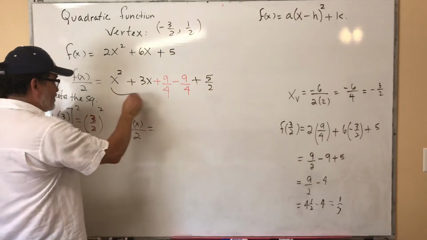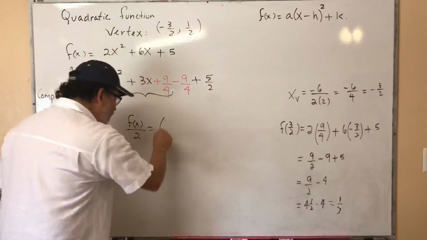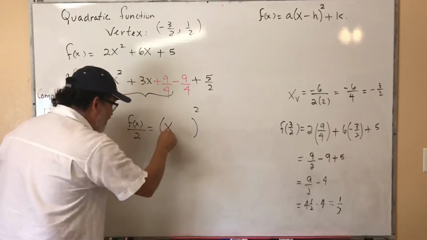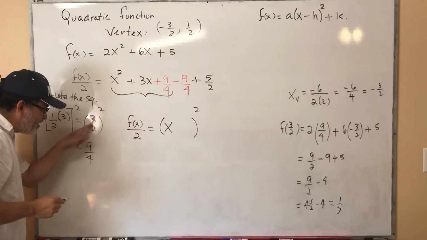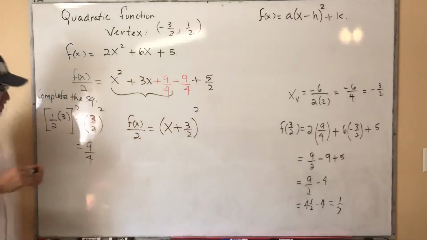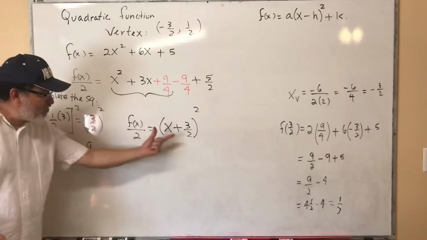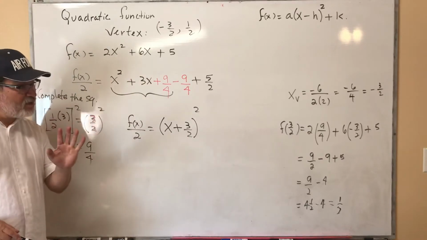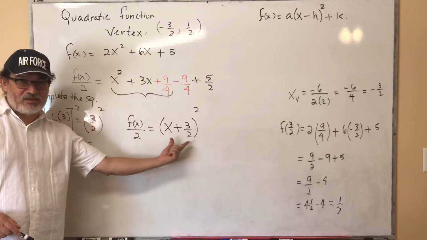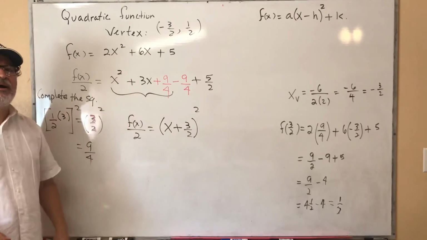When you factor this, it's always going to be squared, and take an x there and just write this plus 3 over 2. That is going to be right there. If you don't believe me, go ahead and FOIL this. You better get that. You will.